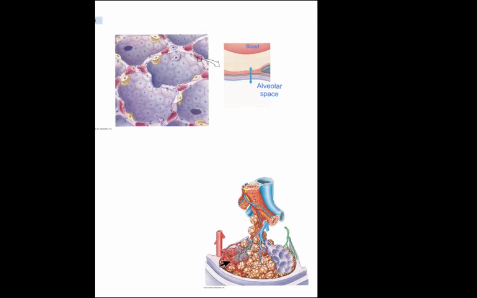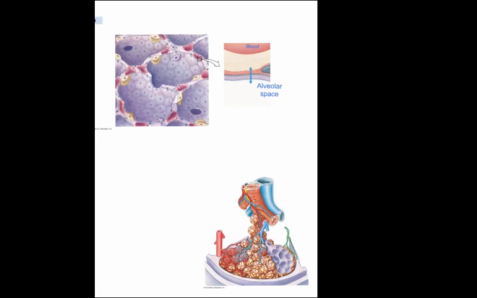And you can see that the pulmonary capillaries are wrapped around the alveoli, and the membranes are actually fused together. So here we've got a membrane of an alveolar cell, and here we have a membrane of an endothelial cell lining a capillary.